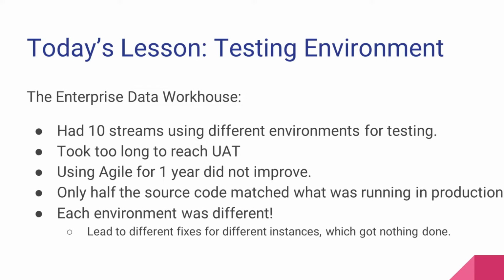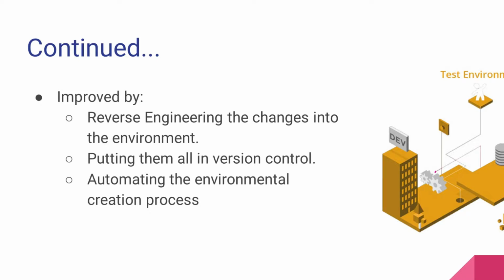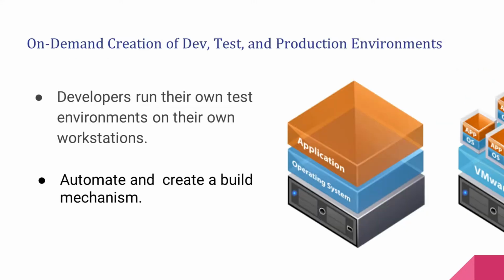So whenever they tested their code and tried to put it in production, there would be things they weren't anticipating in every environment. After reverse engineering the changes in all the environments, putting them all in version control and automating the process of their environment creation, they reduced time spent deploying from 8 weeks to 1 day. And all of this was done in the way we're going to explain to you today.